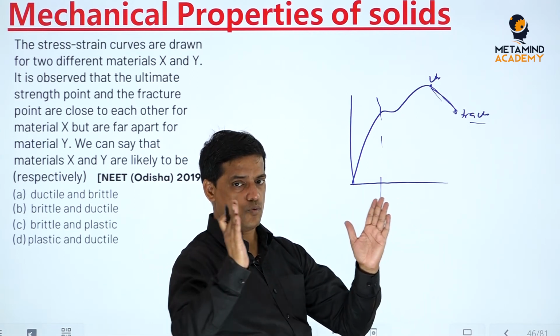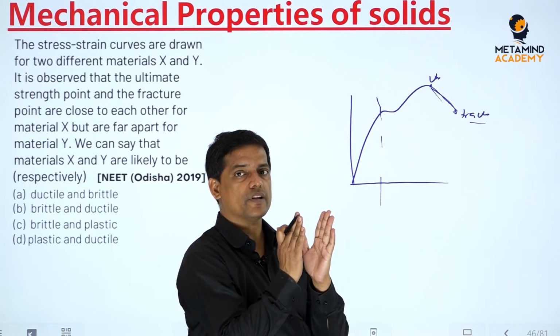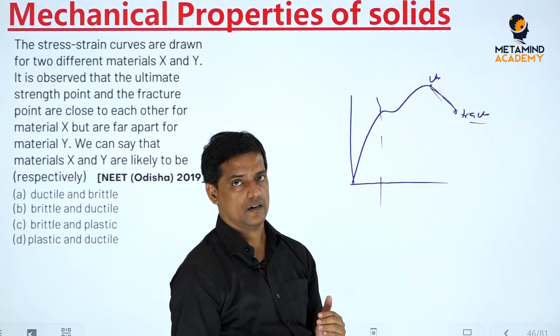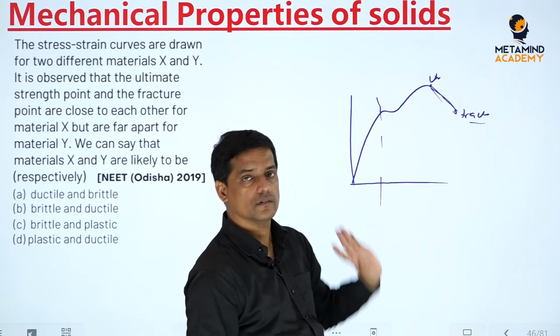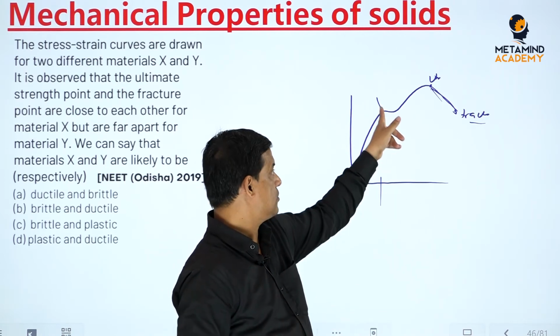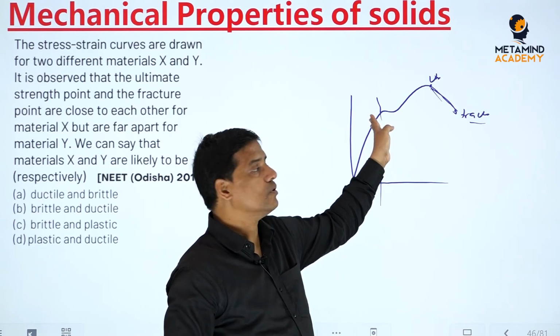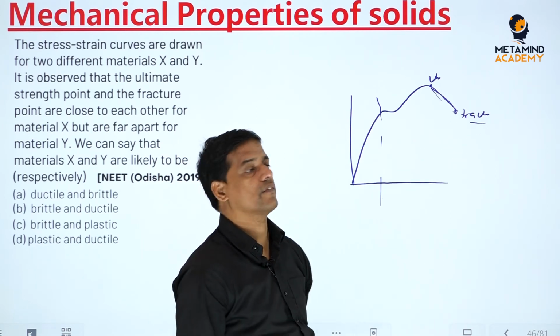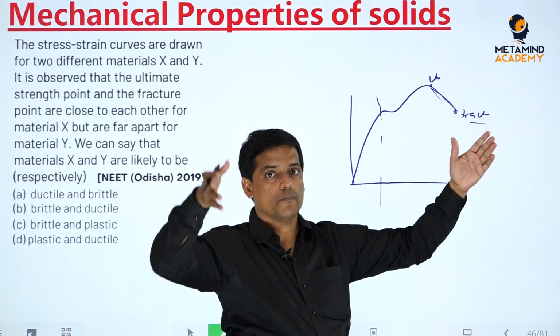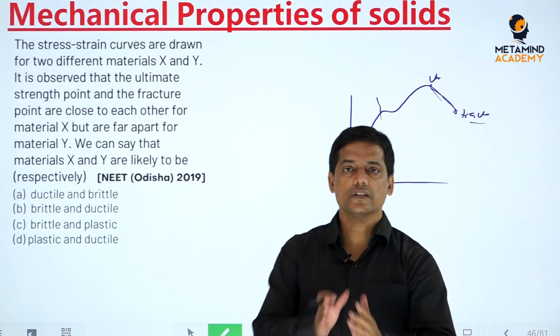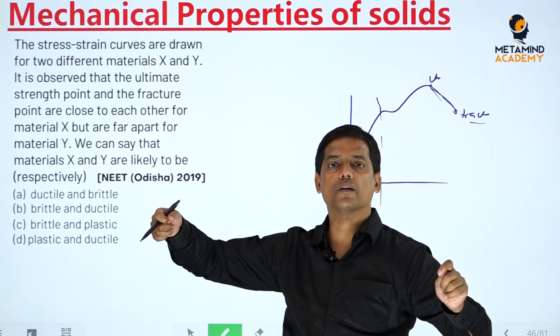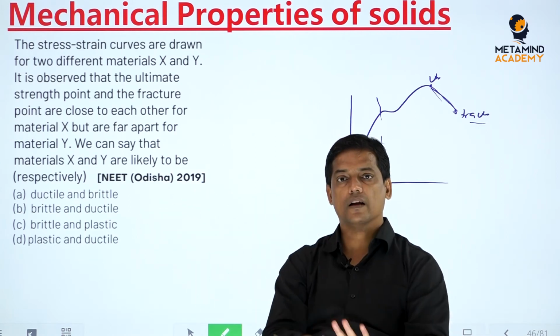It means if the two points are closer, the material is more likely to break the moment you give a force more than its elastic limit. If it is farther, before breaking it will be ductile and will be elongated. So the farther one will be elongated more and the closer one will break more.